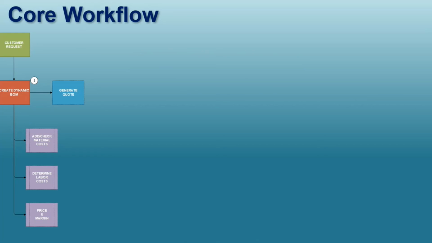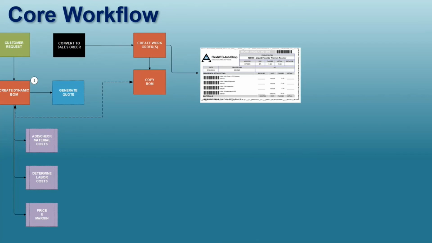So I want to add something to the bill of material. So you can take the BOM, create it from scratch, or dynamically modify it, create a quote, and then go back and forth with the customer until they say, yeah, I'm willing to pay this much money for that quoted item. And then you can convert that quote into a sales order, and then you will have the flow that I just showed you.